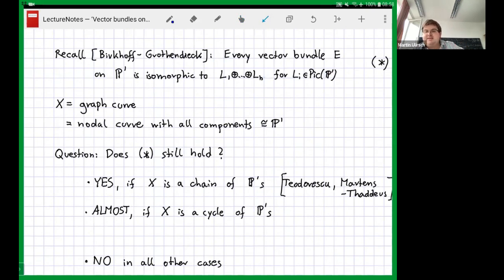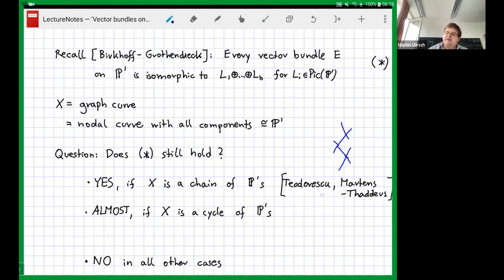Now if X is a graph curve, meaning essentially a nodal configuration of P1s, does the Birkhoff-Grothendieck theorem still hold? The answer is yes, only in a very restricted case, namely if X is a chain of P1s, meaning something like this.